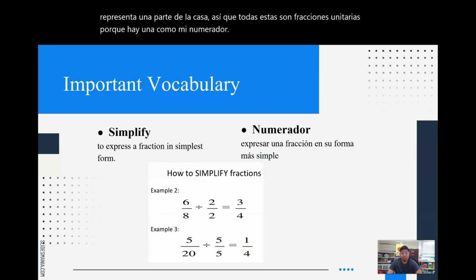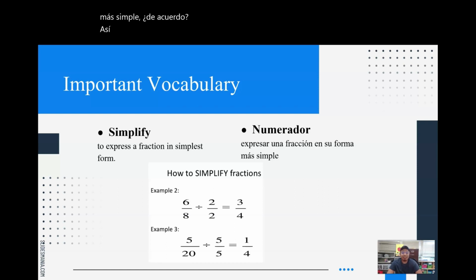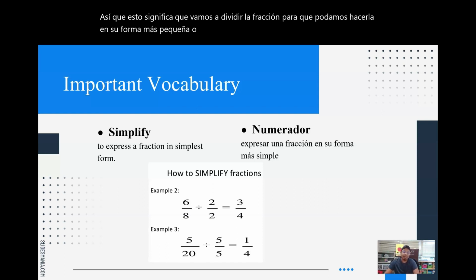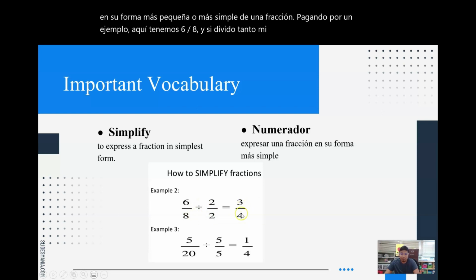Simplify. This one is new. This is to express a fraction in its simplest form, okay? So this means that we're going to divide the fraction so that we can make it into its smallest, or simplest, form of a fraction, okay? For an example, here we have 6 over 8, and if I divide both my numerator and my denominator by 2, I get 3 over 4.